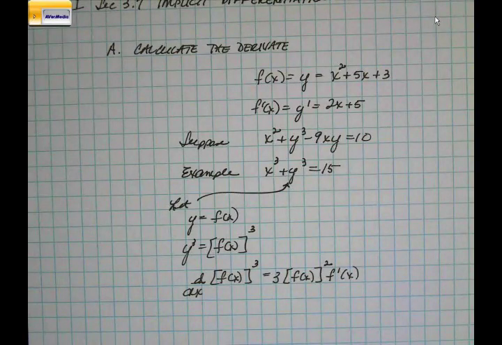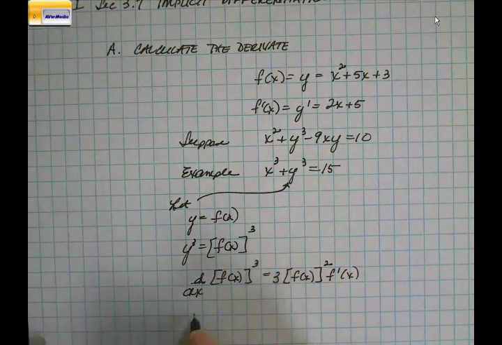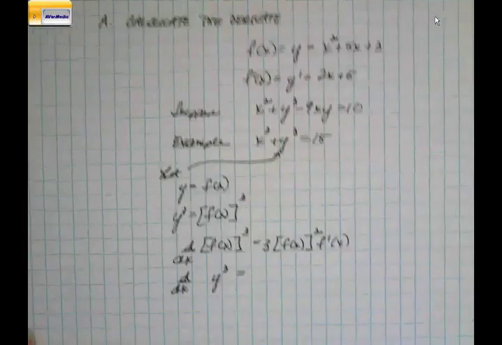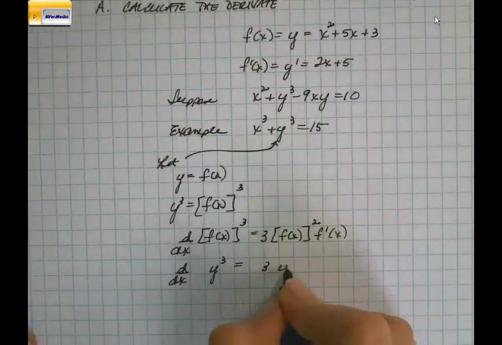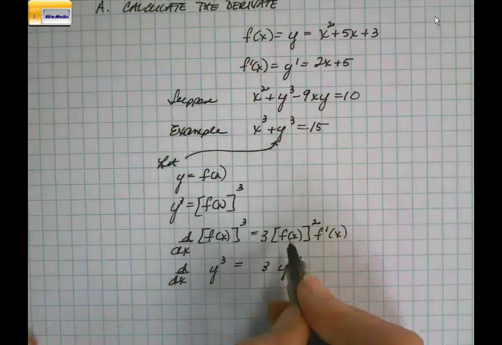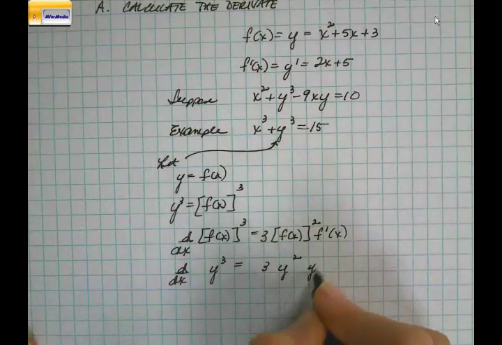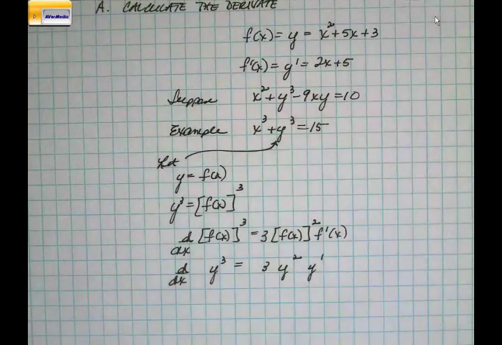Well, if we want to look at it the way we normally see it, and it's not f of x cubed, it's y cubed, then the pattern is 3y squared, because f of x is y, and f prime of x is y prime.